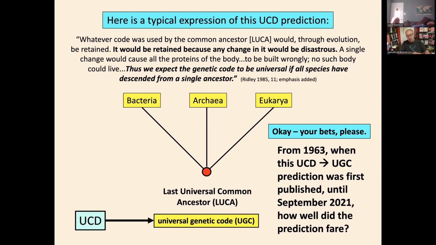You had to have something mediating information transfer between those two kinds of chemistry. That prediction was already there in 63, 3 years before the code was actually solved.